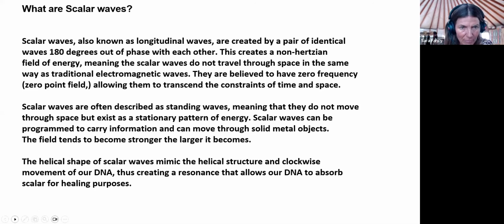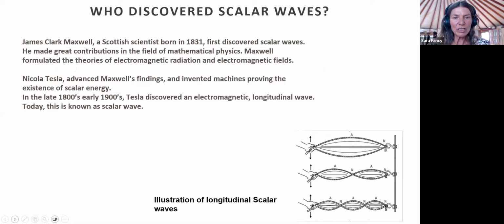So who discovered scalar waves? Well, actually, it was James Clerk Maxwell, a Scottish scientist born in 1831. He made great contributions in the field of mathematical physics. Maxwell formulated the theories of electromagnetic radiation and electromagnetic fields. Nikola Tesla advanced Maxwell's findings and invented machines proving the existence of scalar energy.